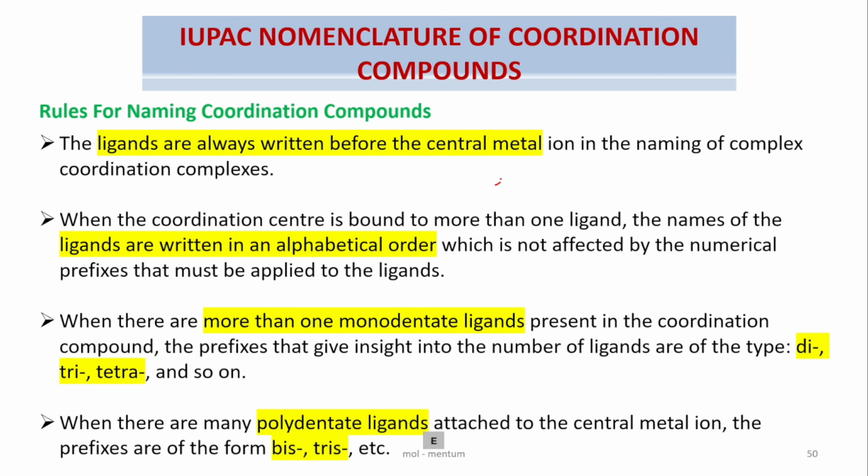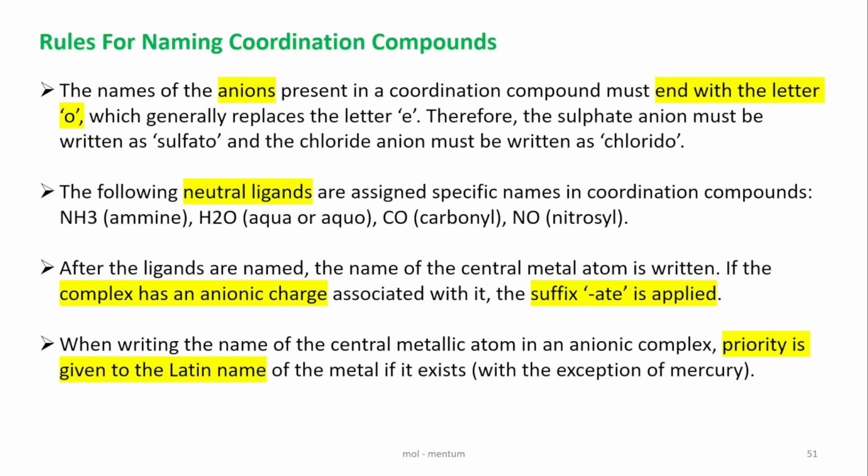If it is en2, it will be bis. So for a polydentate ligand, the prefix is different. It is not di, tri. Instead of di, we use bis. Instead of tri, we use tris. Instead of tetra, we use tetrakis, and so on.